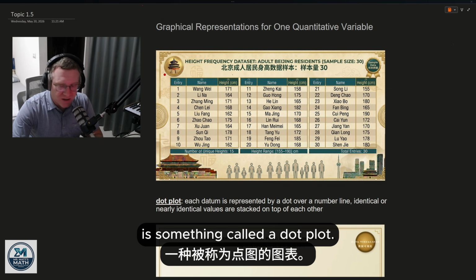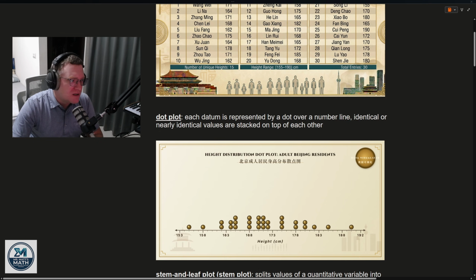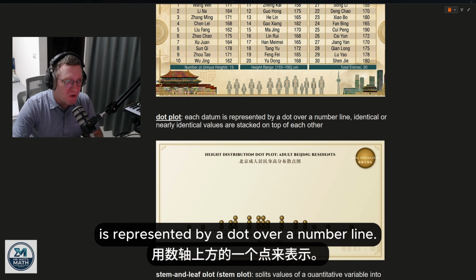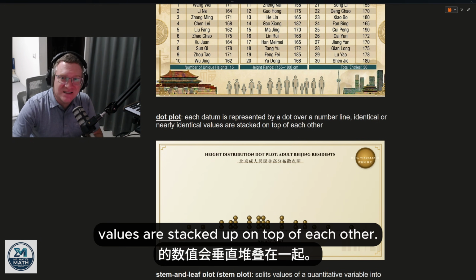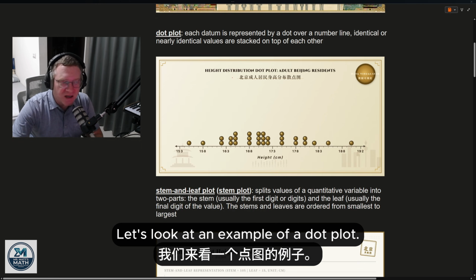The first kind of graph that we're going to learn about is something called a dot plot. Now, what is a dot plot? It's where each datum is represented by a dot over a number line. Identical or nearly identical values are stacked up on top of each other. Let's look at an example of a dot plot.